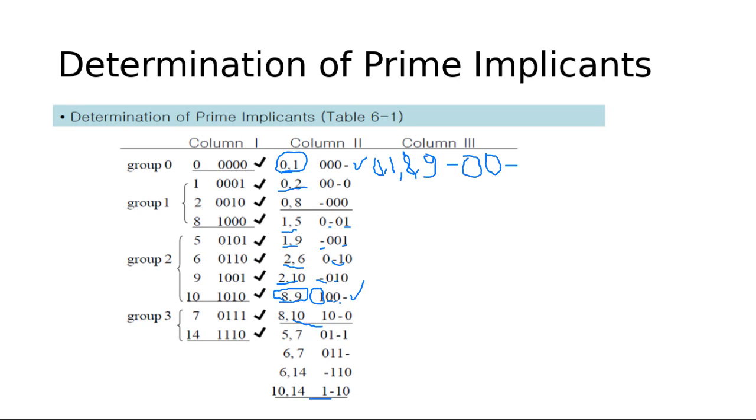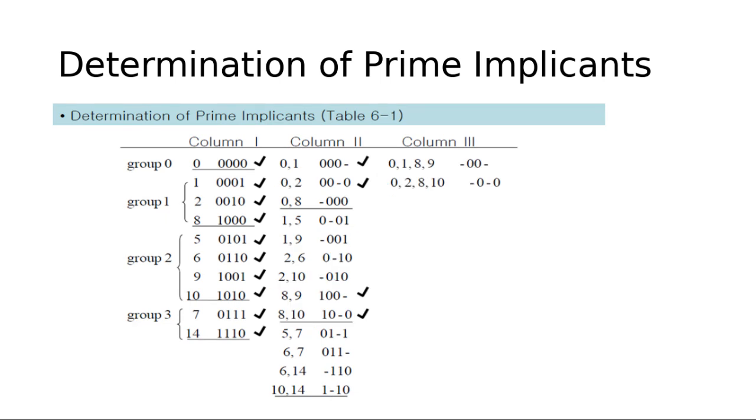You said 28, but in the 28 there are two differences in here, dash and 0. You said 8 10. Yes, it fits because the only differences are here, right?